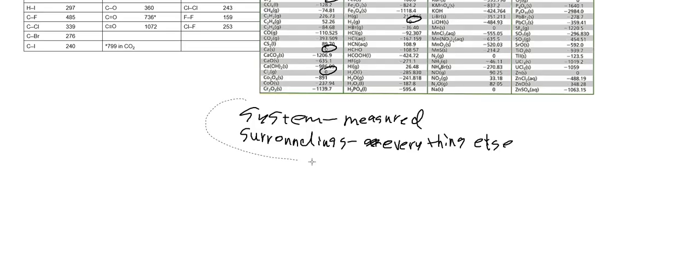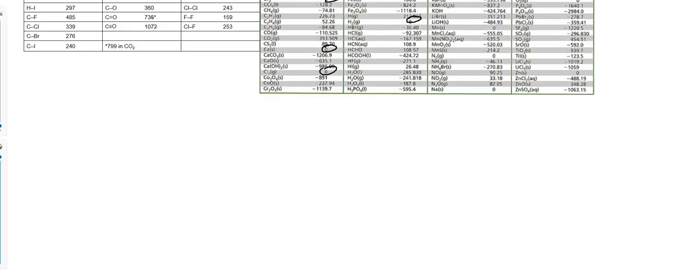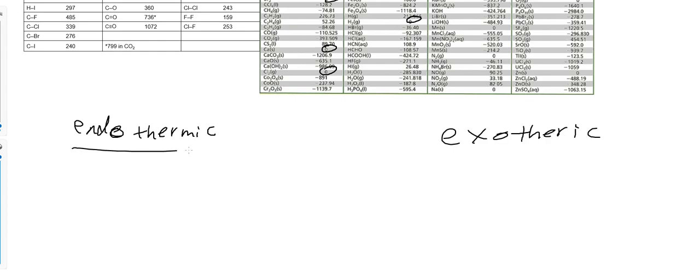So next, let's go ahead and define endothermic and exothermic. Endothermic reactions, I'll say over here, and exothermic reactions are over here, are two different types of reactions based on how much heat they gave off.